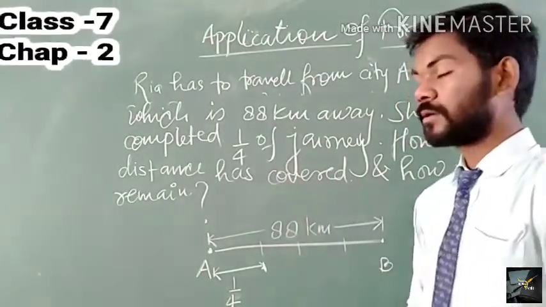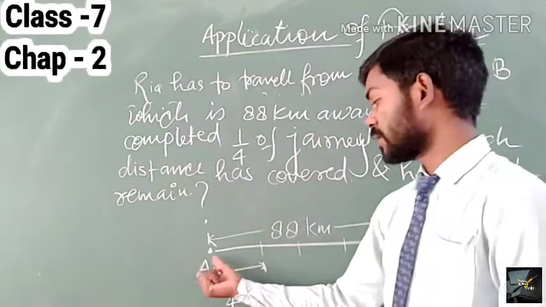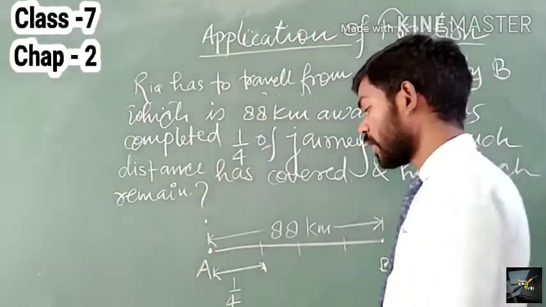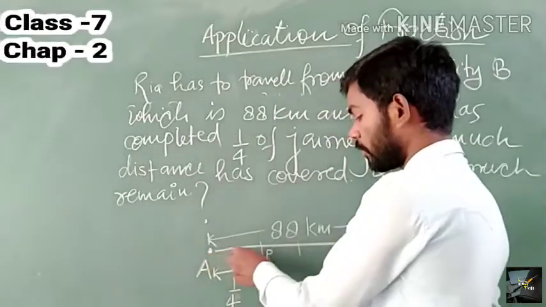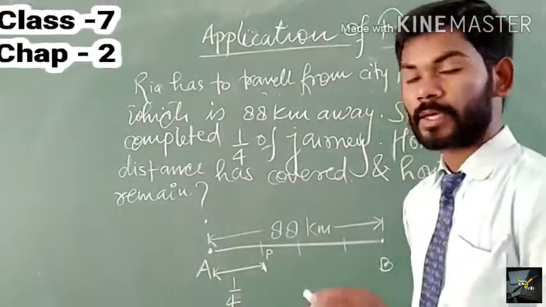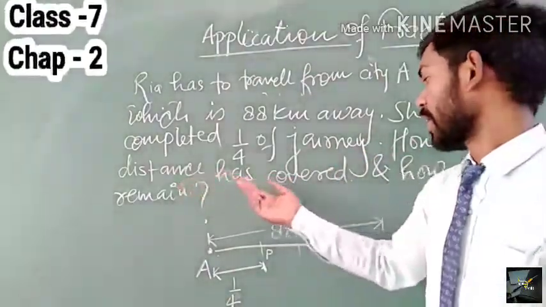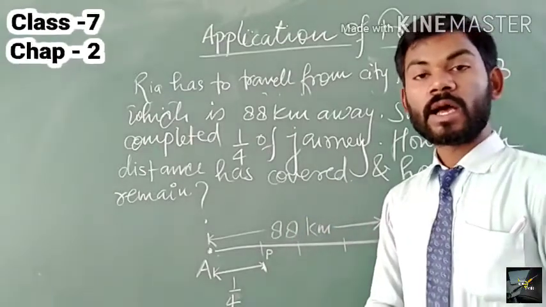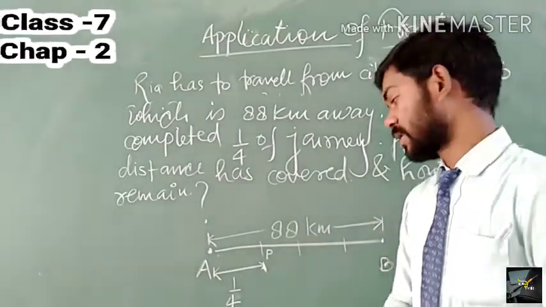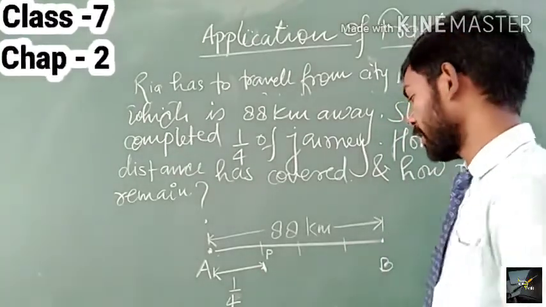So Ria completed 1/4 of the journey. That means Ria reached a point P from point A. How much distance has she covered? The first question says, how much distance has she covered? So students, let me explain.